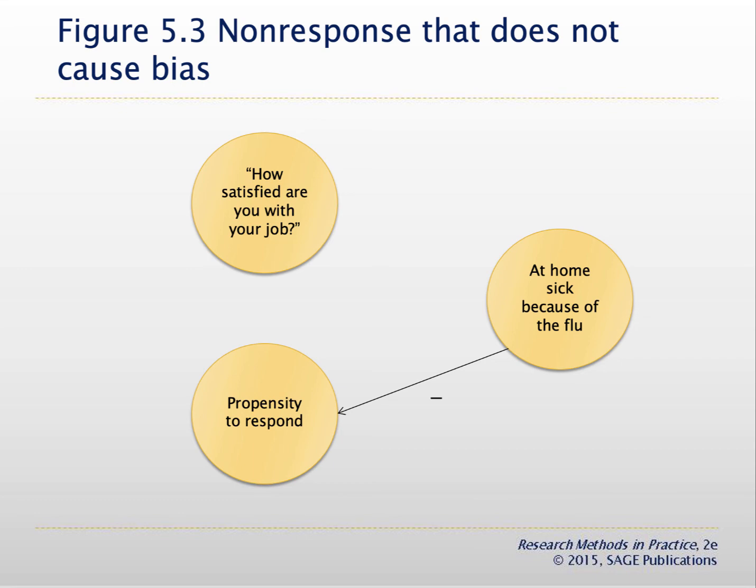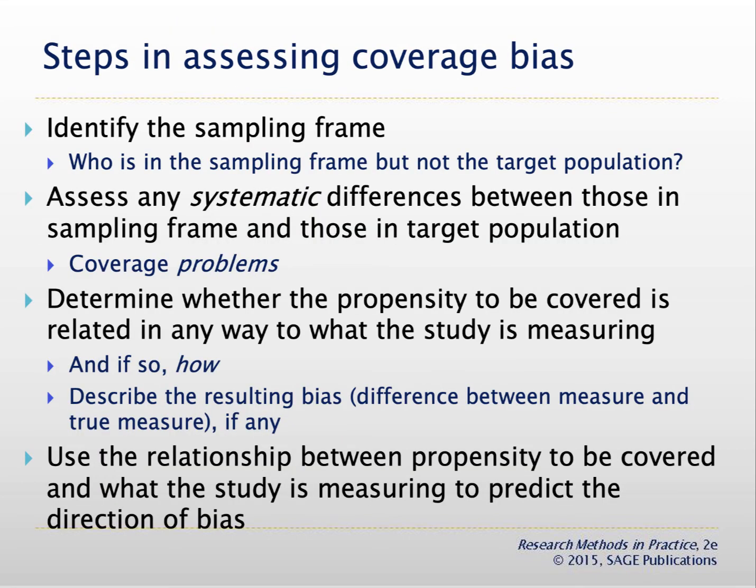So what are the steps in assessing coverage bias? Same for non-response bias, same ideas. You're basically looking for systematic differences. So for coverage bias, identify the sampling frame, who is in the sampling frame but not in the target.